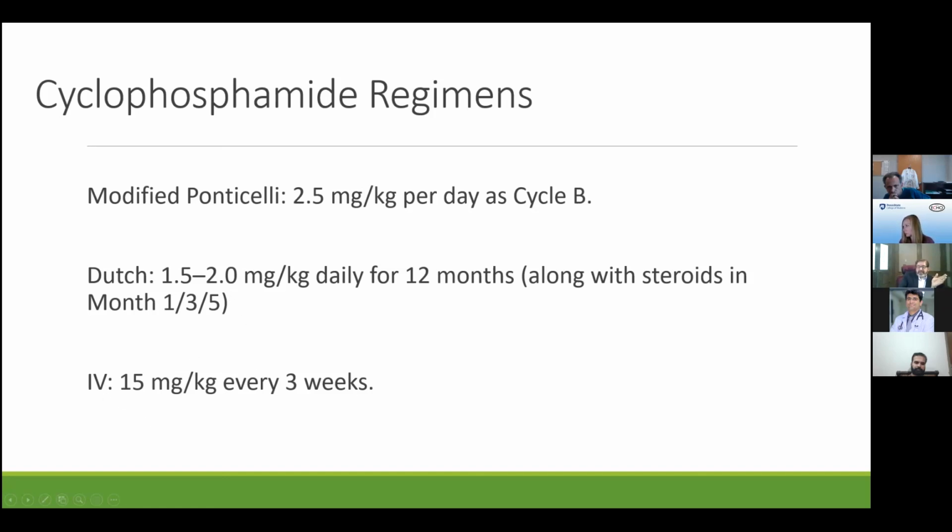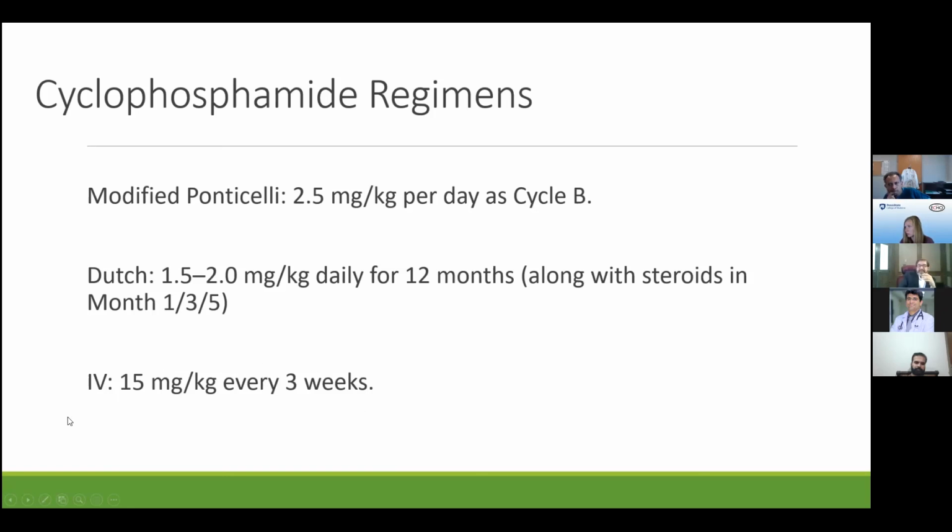There is a trial which looked at this and it worked okay, but this is not your frontline therapy. Based on all the trials that are happening right now, you're using this as your cycle B. But if it's not available, then you have to do something, and this may work.